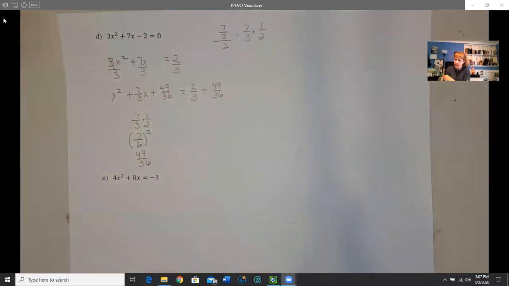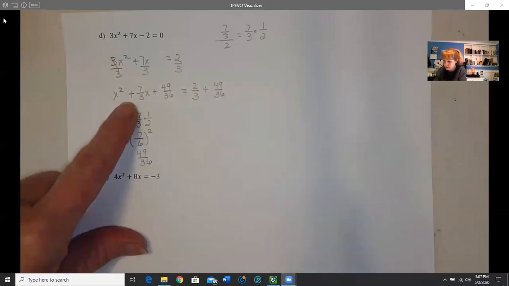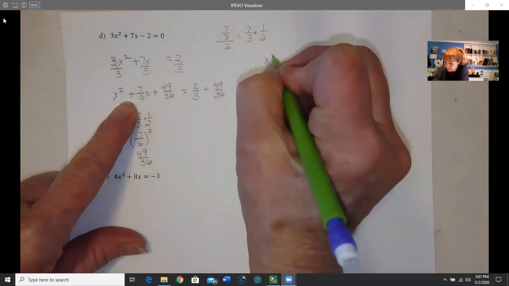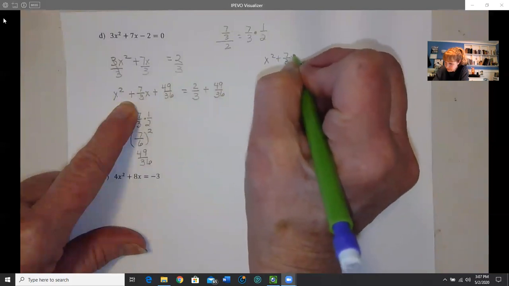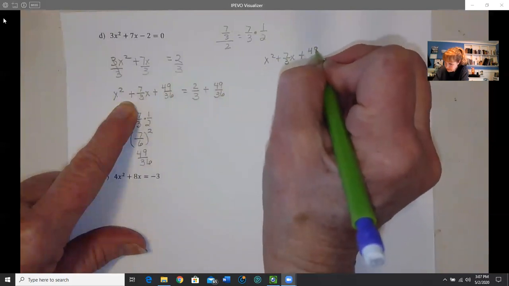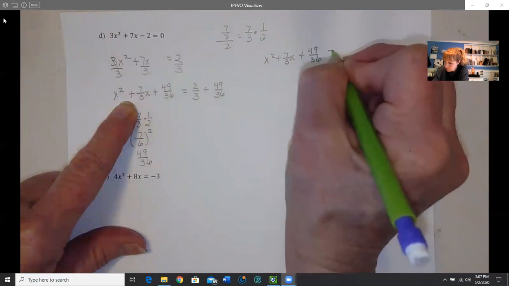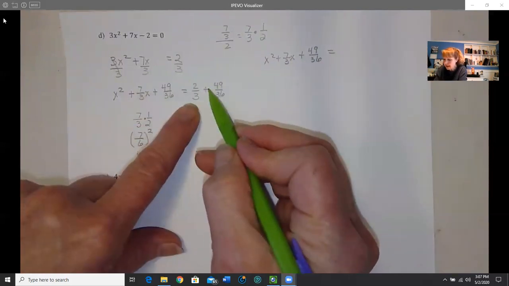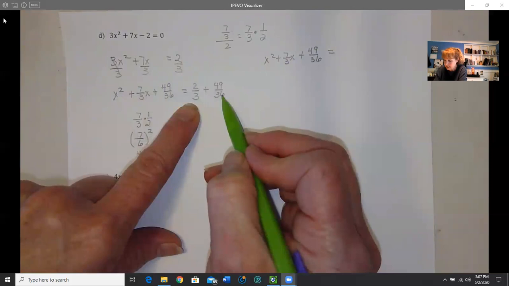Okay. And let's see, this right here stays. I think I've got enough room over here. Equals, you're gonna have to take 2/3 and add 49 over 36.